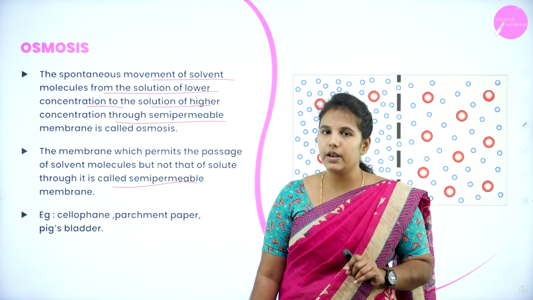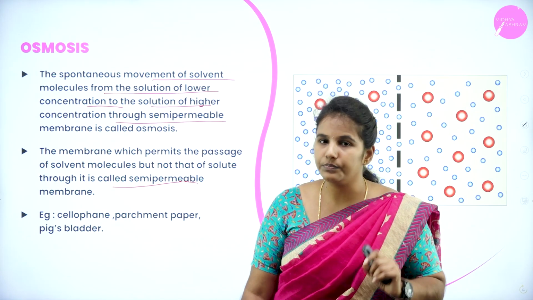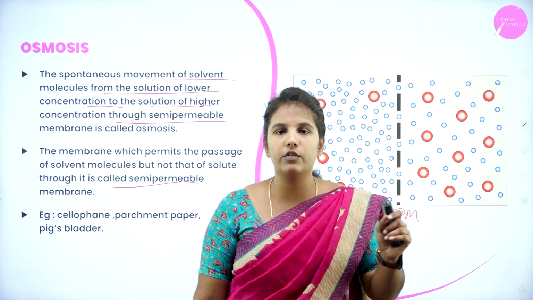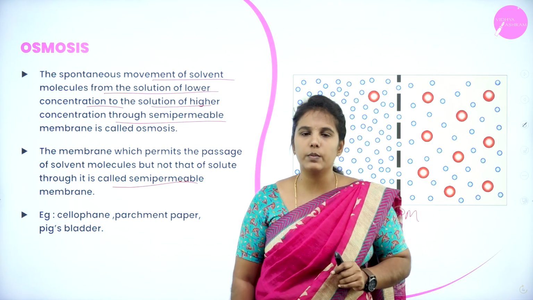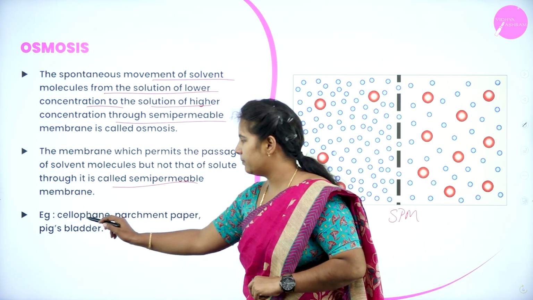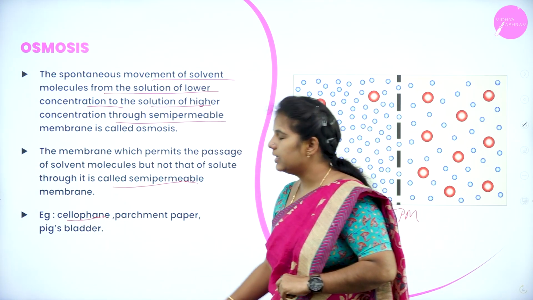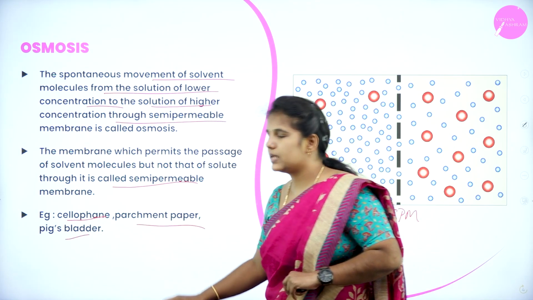Remember, this membrane can be obtained from natural as well as synthetic origin. Especially from animals and also from the vegetable region, we can prepare the semi-permeable membrane. Examples of semi-permeable membranes are cellophane, parchment paper and pig's bladder.